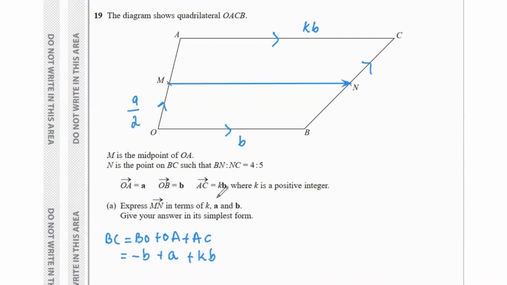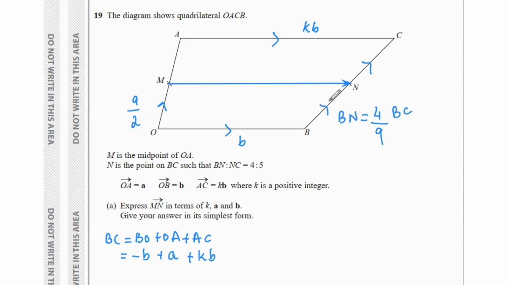We know N is on BC with the ratio BN to NC being 4:5. So BN is going to be 4/9 of BC.